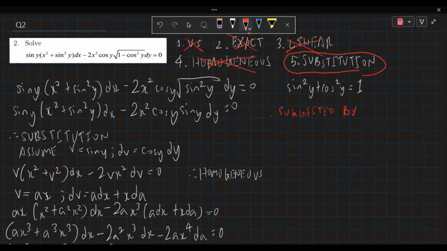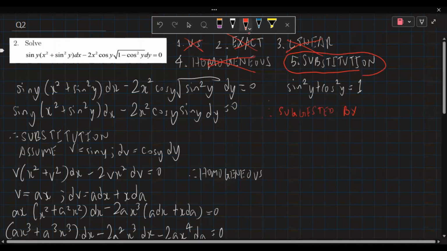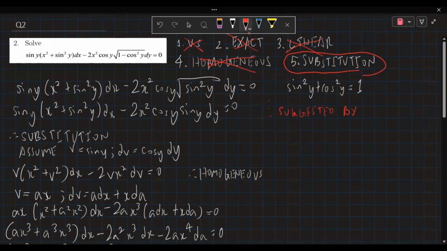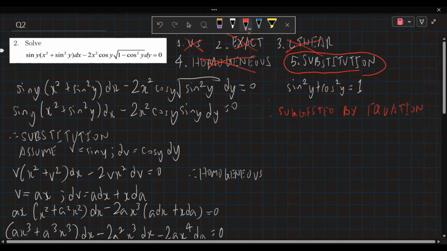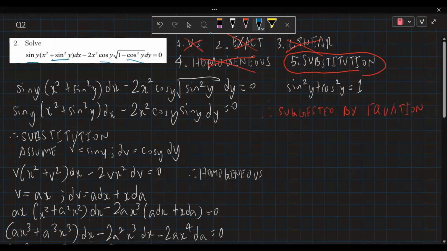Since we don't have a reduction to separation of variables, and we can see that there is no underlying function in terms of ax plus by plus c, we can choose any of the complex functions that we have, which is the trigonometric function, either cos y or any of these trigonometric functions.